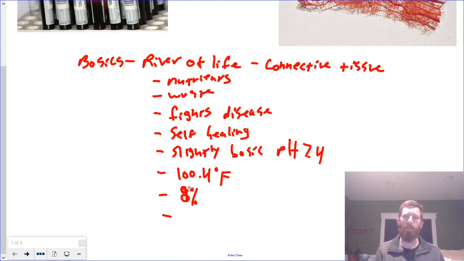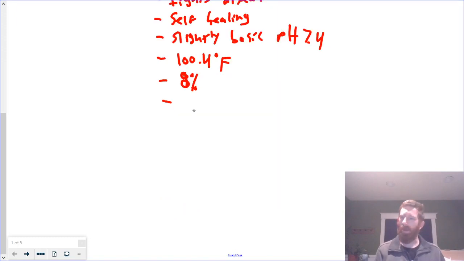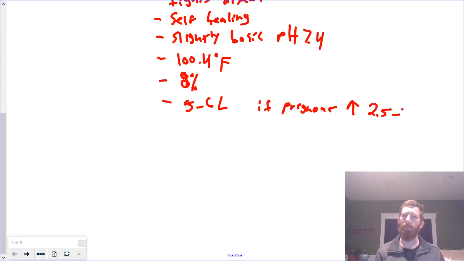So how much blood do you have in your body? Well, the typical adult male has 5 to 6 liters of blood. If you are a pregnant female, that actually increases by 50%, about 2.5 to 3 liters.